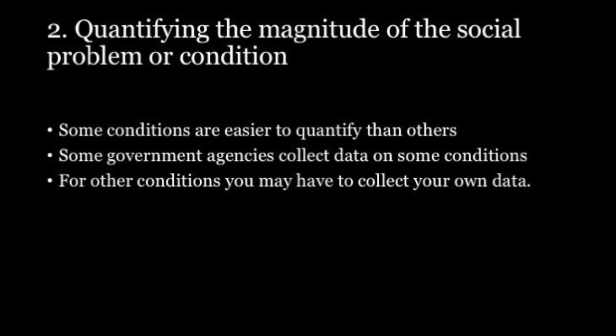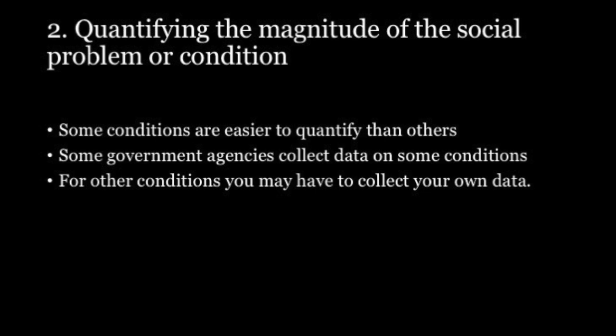Now, some conditions in some communities are easier to quantify. There is data readily available for them. Others are not. So some government agencies collect data on some conditions, but some do it only at the state level, some do it only at a county level. And if you want to focus on a city, let's say, there probably isn't data available at that level of geography.